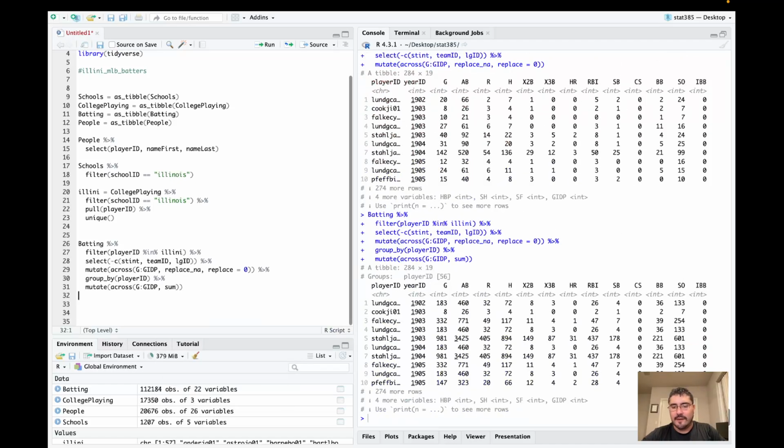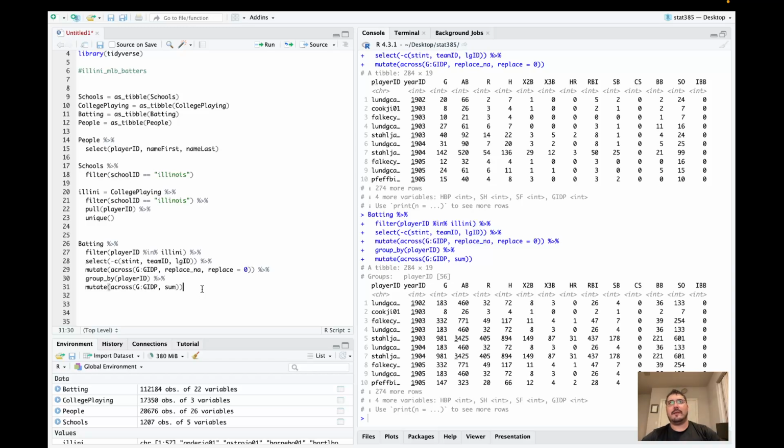Okay, so what does this give us? Okay, so this doesn't give us unique values, but it did do the trick. That's fine. Okay. That's fine for now.